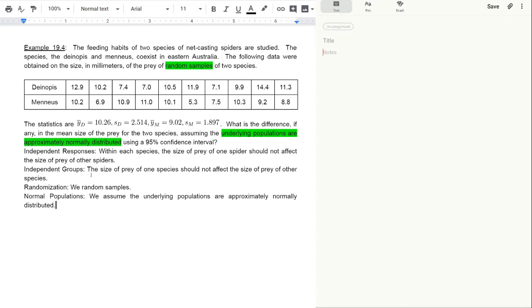Okay, so now the next thing is to check whether or not we can assume equal variances. This will decide whether we should be using a pooled t-test or a two-sample t-test. So now let's check for equal variances.